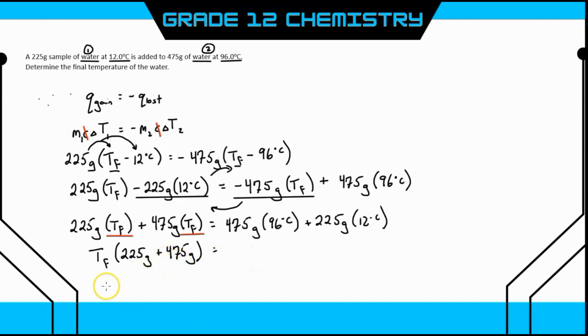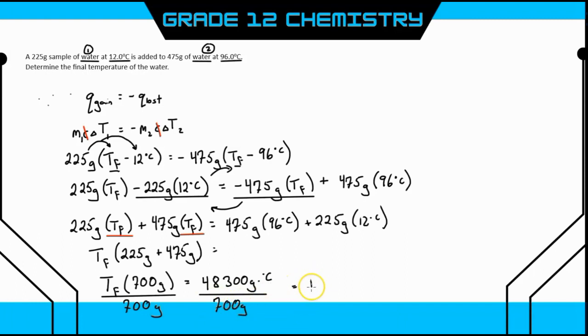So when we add these two together, we get TF times a total of 700 grams. And that's going to be equal to, let me put all this into our calculator here, we get 48,300 grams degrees Celsius. So now we divide both sides by that 700 grams, and we'll be left with our final temperature.